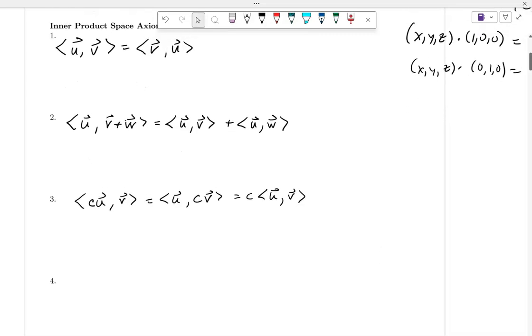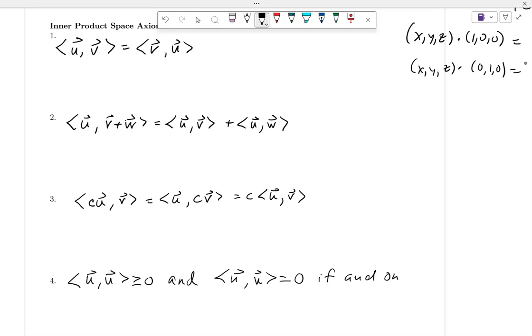And that last one says that if I do an inner product with itself, I should get something non-negative, and the only way that it can be 0 is if I started with the 0 vector. Those are our 4 inner product space axioms.